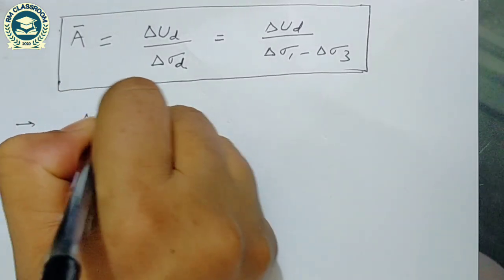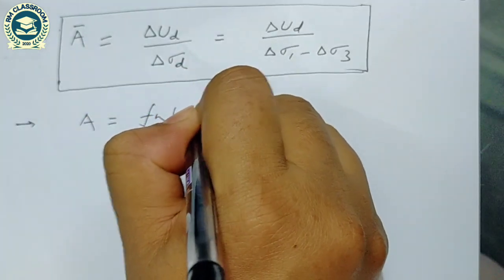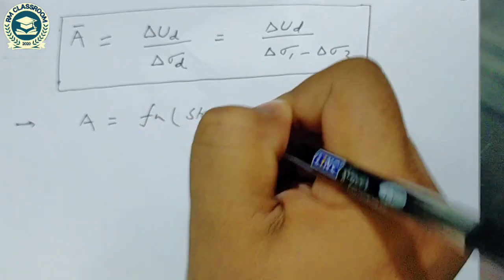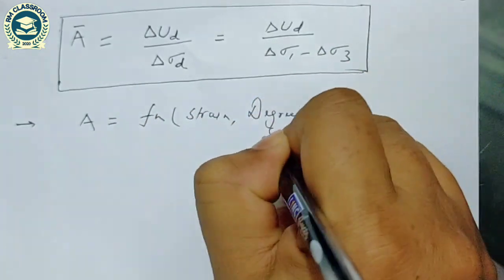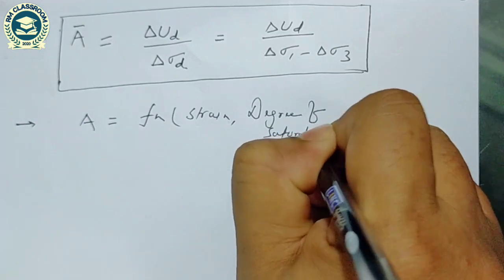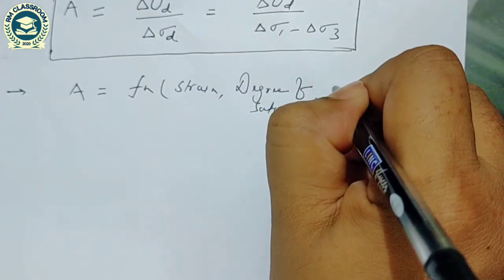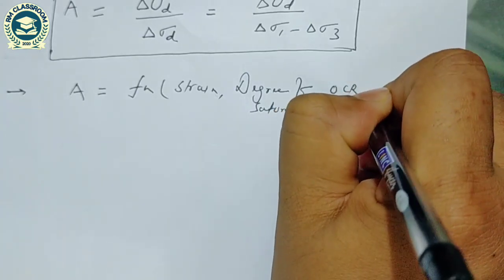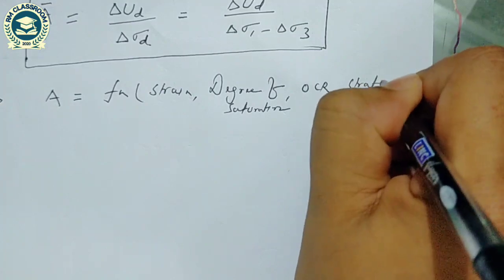The parameter A is a function of strain, degree of saturation, over consolidation ratio and stratification of soil.